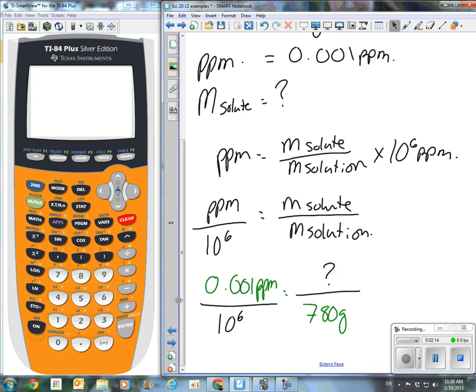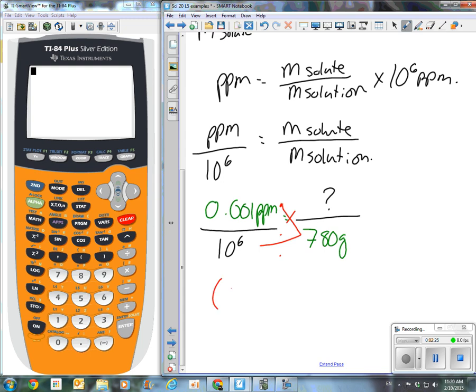So cross multiply and divide, starting across the equal sign. What this is going to look like is 0.001 parts per million times 780 grams all over 10 to the 6 parts per million.